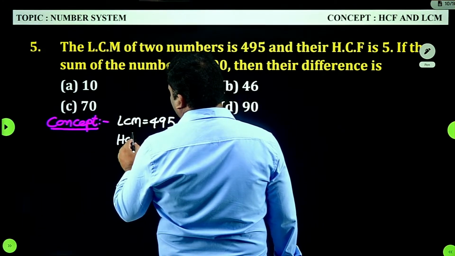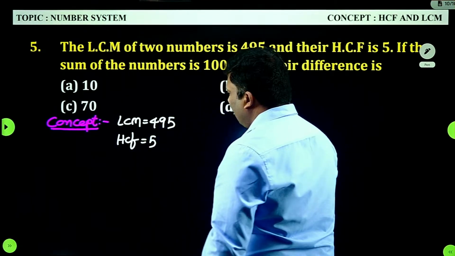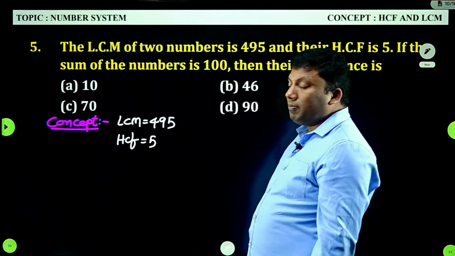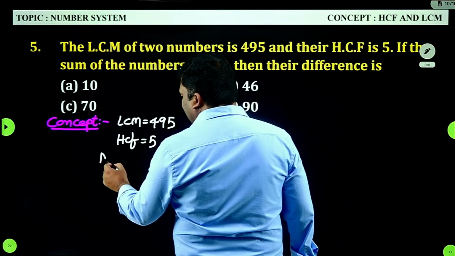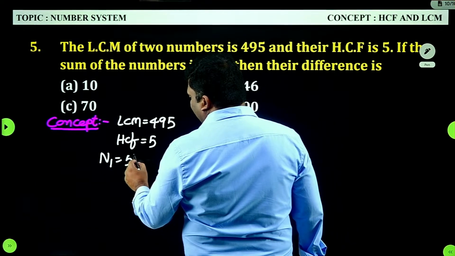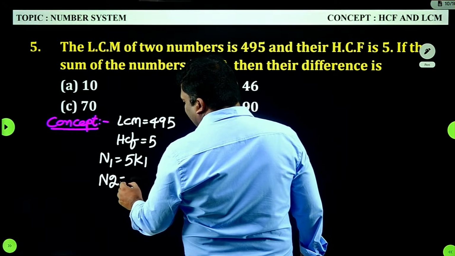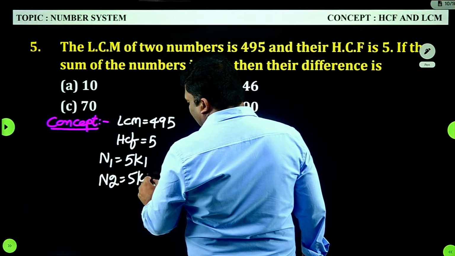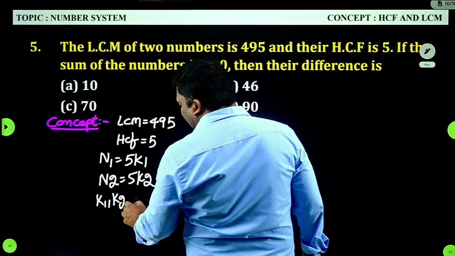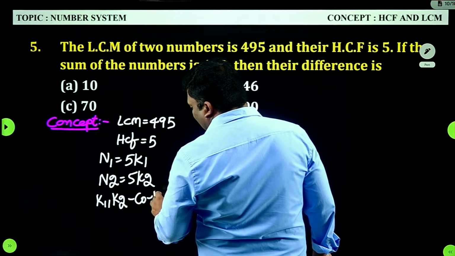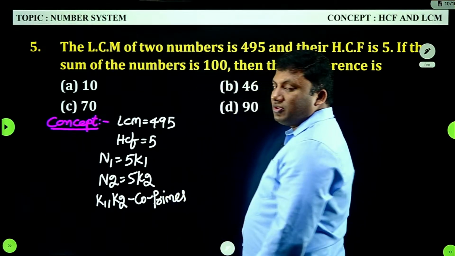HCF is 5. The sum of the numbers is 100. What will the numbers be if HCF is given? N1 will become 5K1, N2 will become 5K2. What are K1 and K2? K1 and K2 are co-primes.